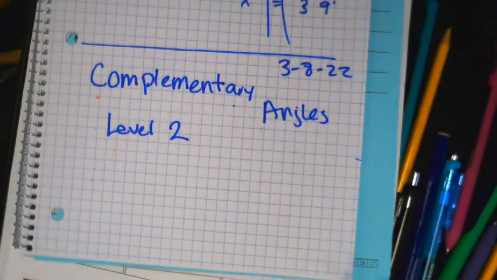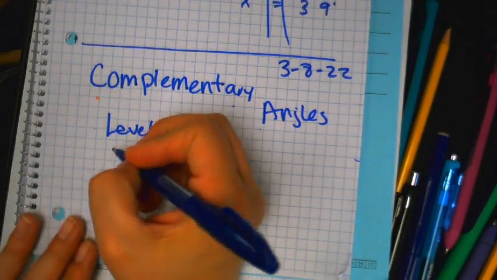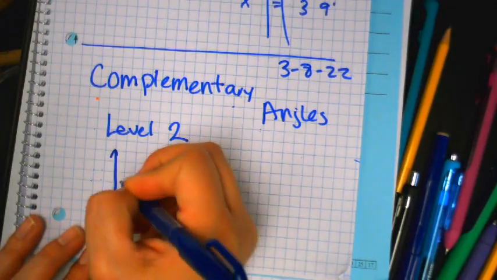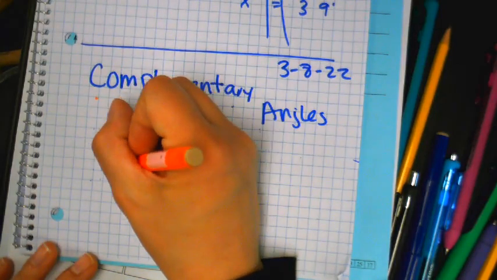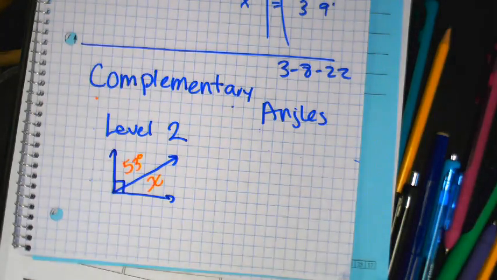So review from yesterday. Yesterday was pretty easy, right? You discovered at the end of the period, hey, this isn't terrible. If I have two angles and they make 90 degrees, and one angle is, let's say, 53 degrees and this angle is x, what do I set up?